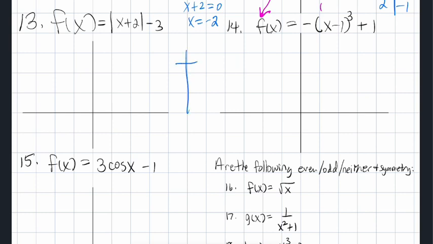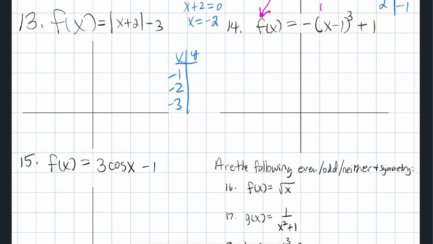Now, from the symmetry of an absolute value function, you know it's a v. We know if -2 is the point of the v, the vertex of the v, if you plug in something to the left of it and something to the right of it, you'll get where both sides of the v are heading. So that's my strategy when I do the 3 points accuracy for an absolute value.